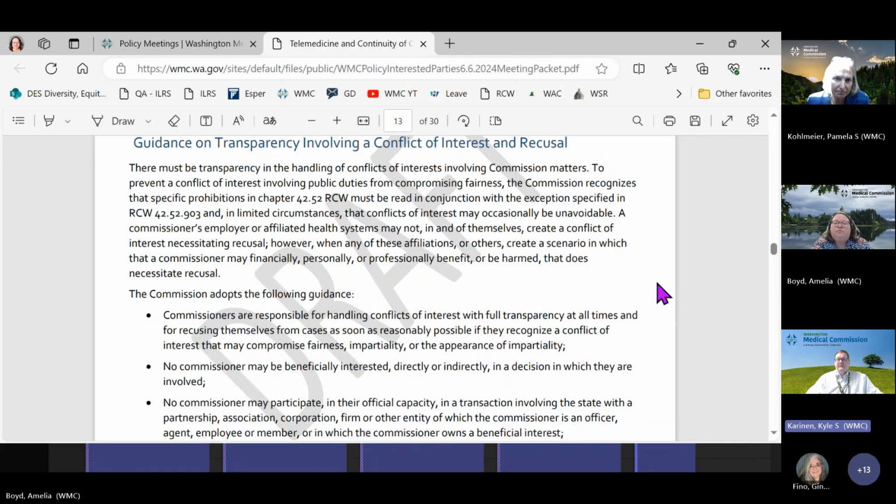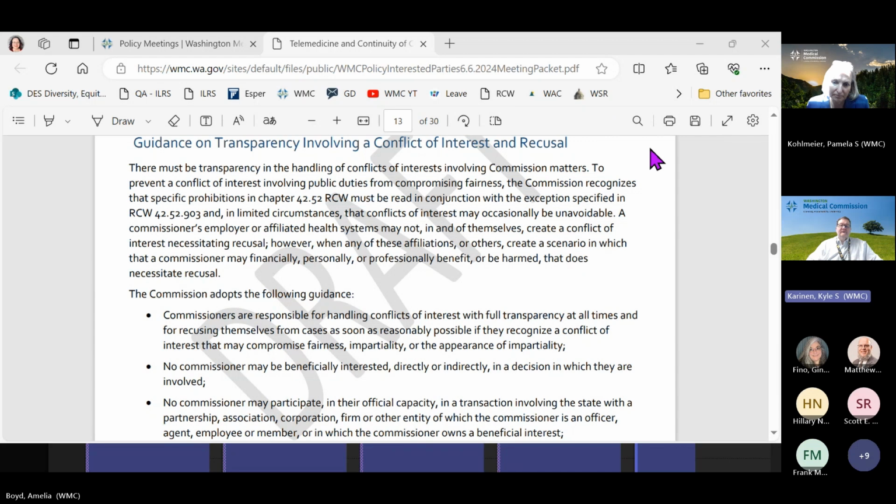And that's a little bit more gray in terms of when and where a commission member should be cognizant of an appearance of fairness issue. So when I've talked to the commission members before, what they've asked for is an easy way to figure out whether or not they should.